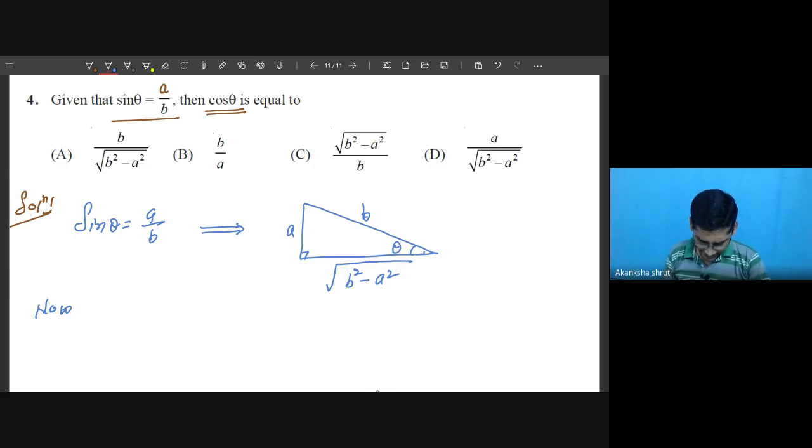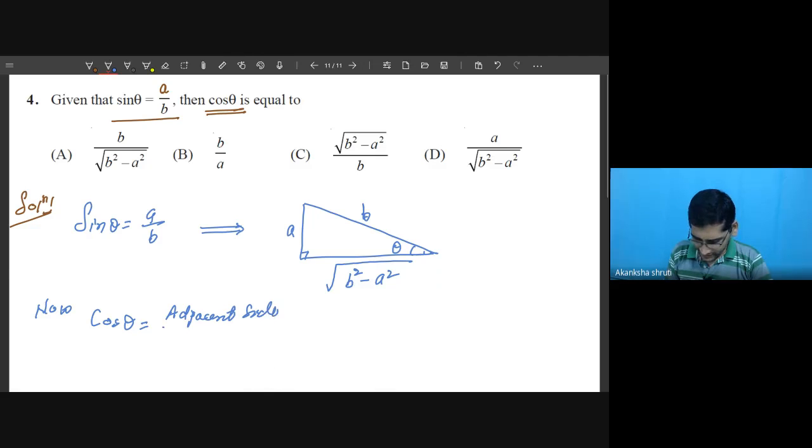Now what is required? Cos of theta. What will it be? Cos of theta is given by adjacent side by hypotenuse. यहां आपको doubt है तो आप adjacent के term में लिख लीजिए.